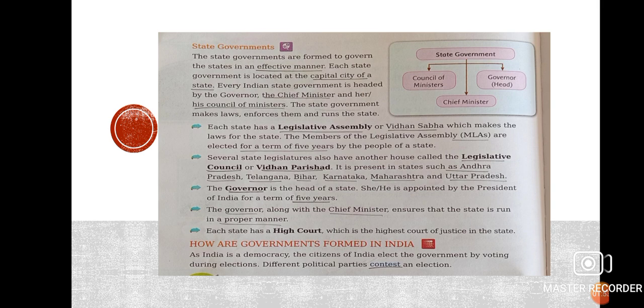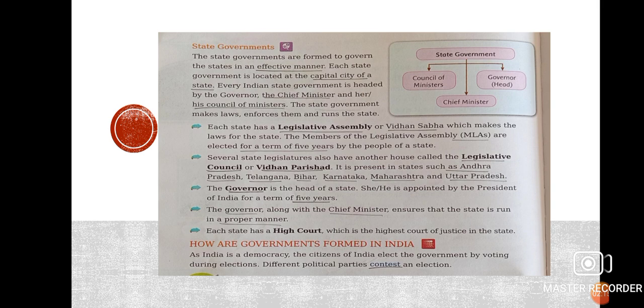The governor and her or his council of ministers. The state government makes law, enforces them and runs the state. Now what is the duty of state government? To make law, to apply the laws and then to run the state or to take care of the state.